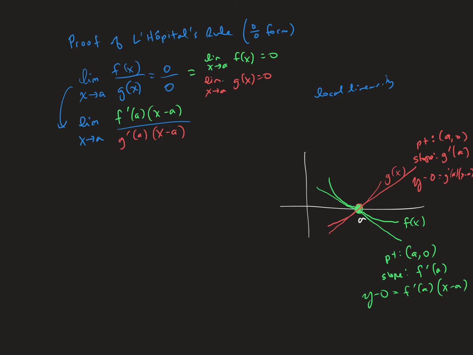Now, if you look at these two tangent lines, you can immediately see that we have a factor on top and bottom that cancels.